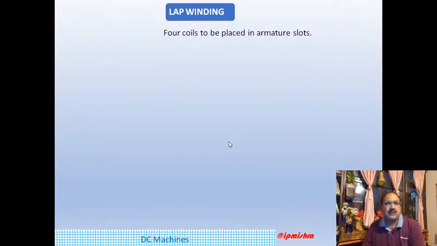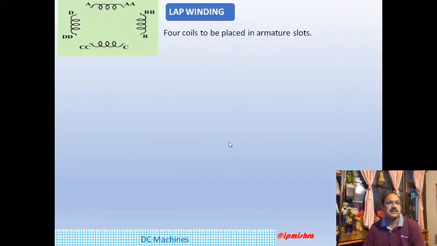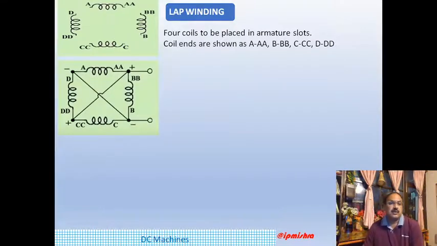Now, what is lap winding? See, we have four coils like this on the armature. These coils have their ends represented as A and A dash, B and B dash, C and C dash, and D and D dash. Now, in this figure, we have connected these coils in a certain manner.